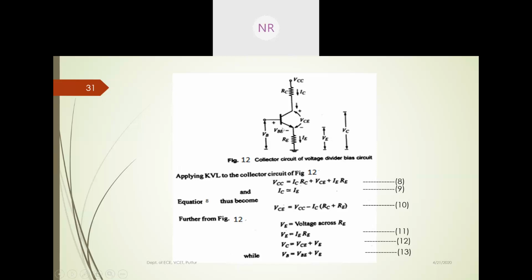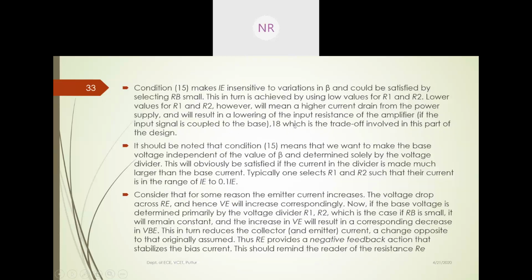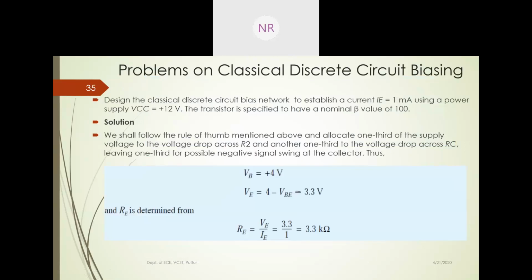VE is the voltage across the emitter resistor, which is nothing but VB minus VBE. What is VB? Plus 4 volt. What is VBE? For a silicon transistor, it is 0.7. So it is nearly equal to 3.3 volt. That is the emitter voltage, VE.